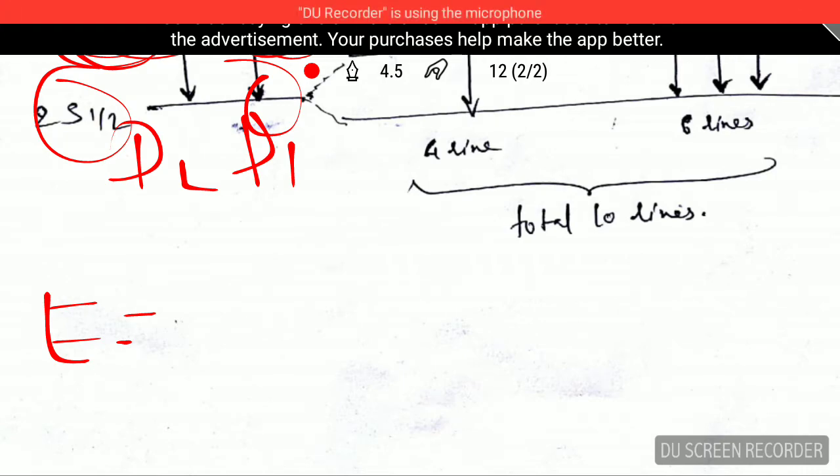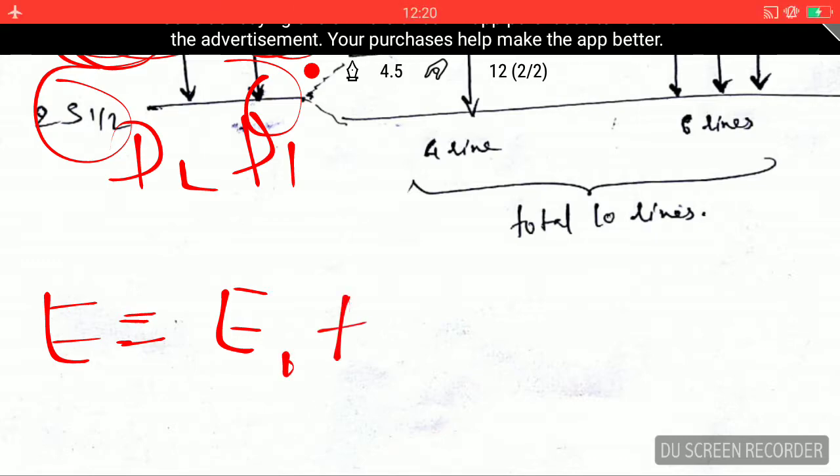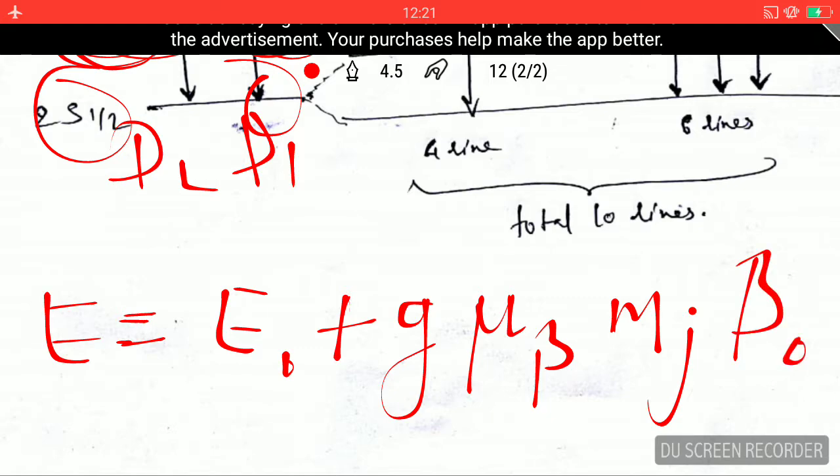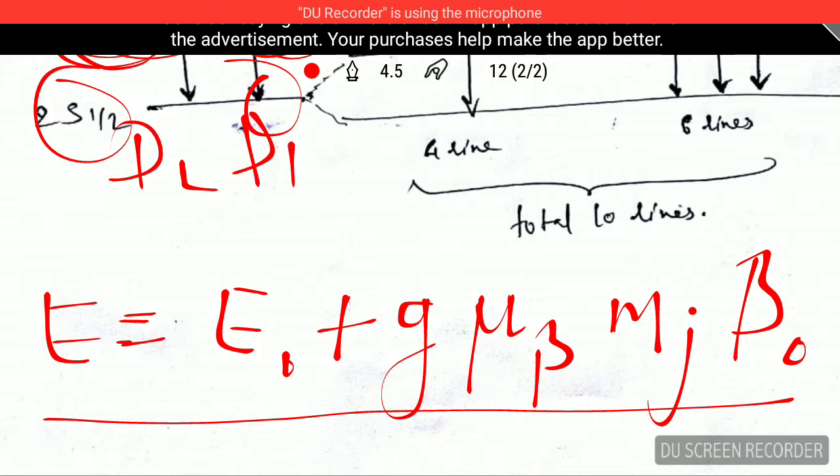Energy E is equal to E0 plus Landé g-factor g, mu B, mg. In order to understand this anomalous Zeeman splitting of the lines, it is very important to understand this equation.